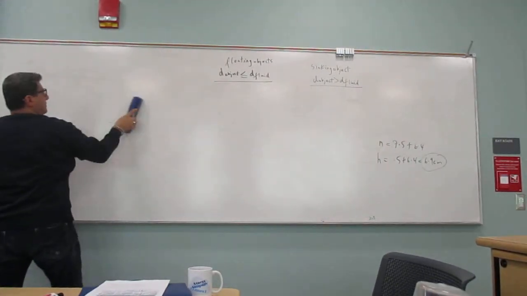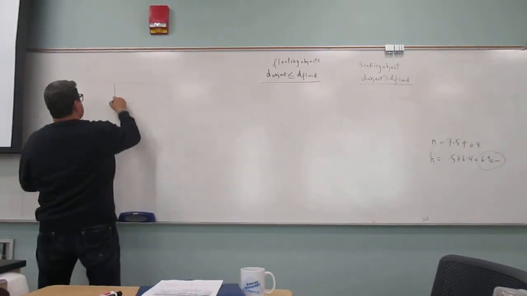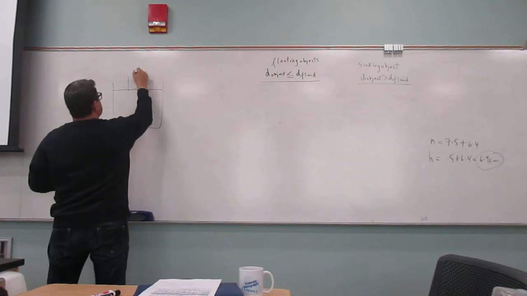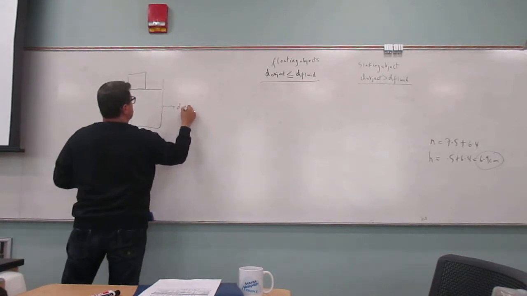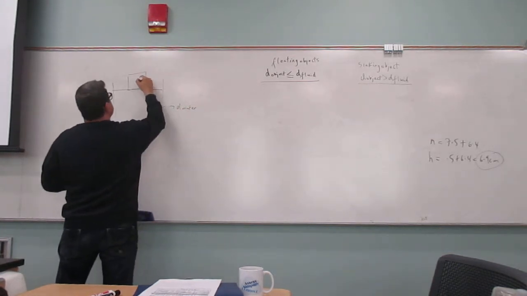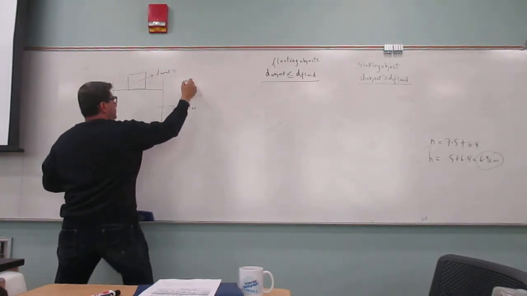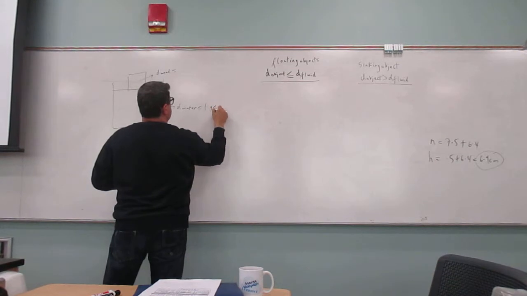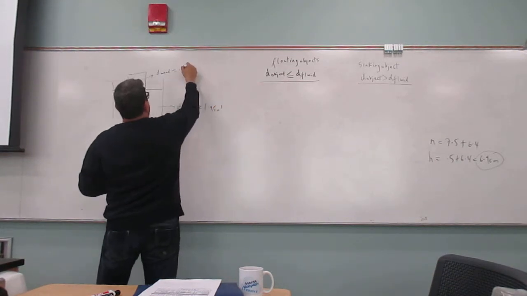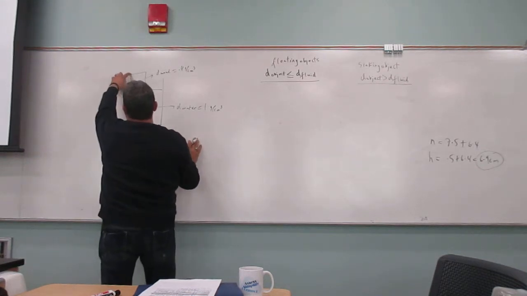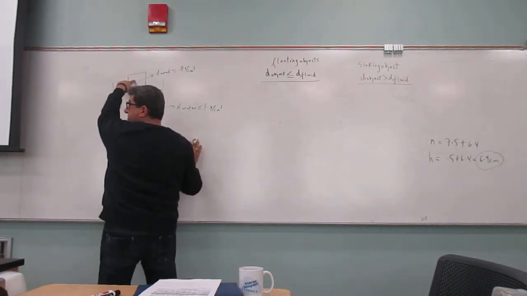So then what's going to happen to floating objects? When you first put a floating object, let's say this is water, and let's say this is the density of wood, so this is 1 gram per cubic centimeter, and this is 0.4 gram per cubic centimeter. Initially, the weight of the object, mg, starts to make it sink.